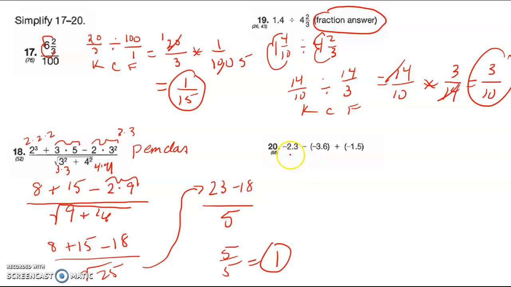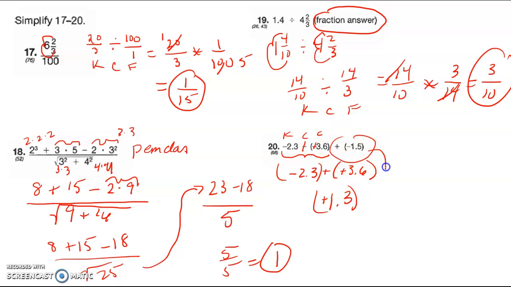Last but certainly not least, we have this, so we're going to take these two. When I subtract, I keep, change, so this becomes add, so I have negative 2.3 plus positive 3.6. Since they are opposite signs, we subtract and take the sign of the larger, which is 1.3, and the larger number is positive, so we'll keep that.